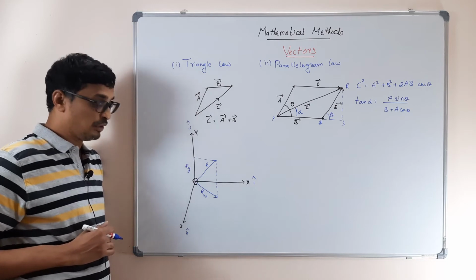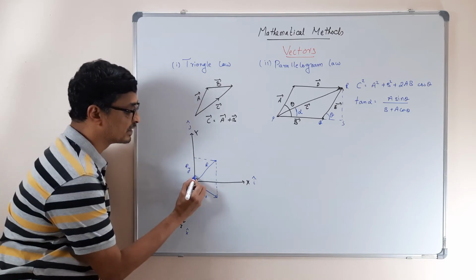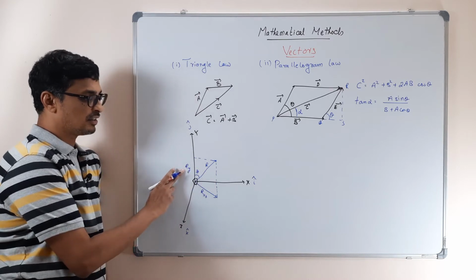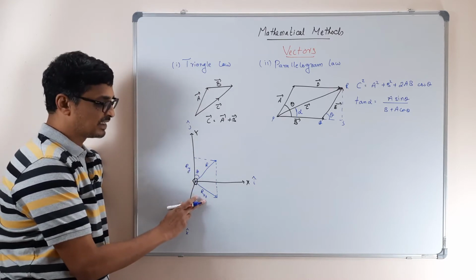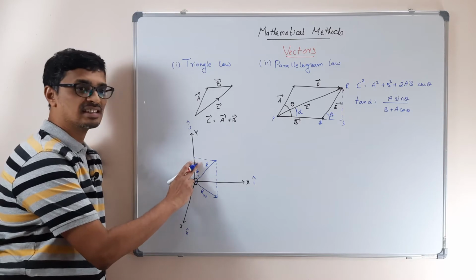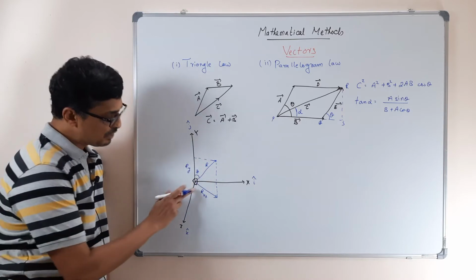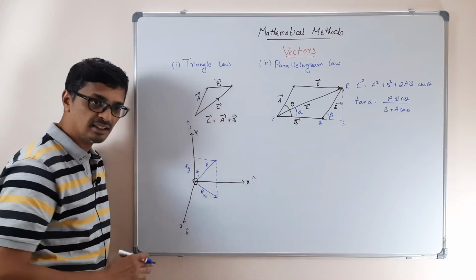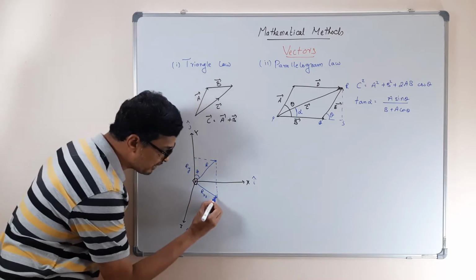You can find the values also, correct? If I call this angle theta, then ry will be r cos theta and rxz will be r sin theta, correct? Now this vector is on the plane yz, and it can also be resolved.